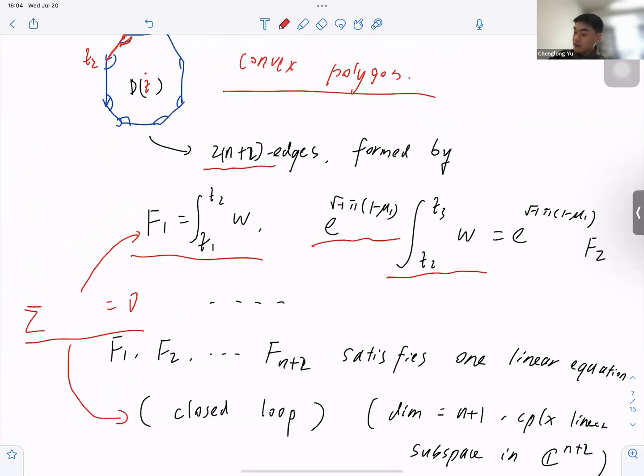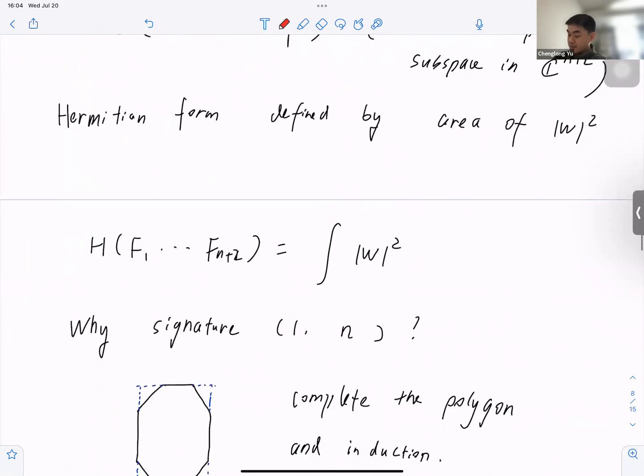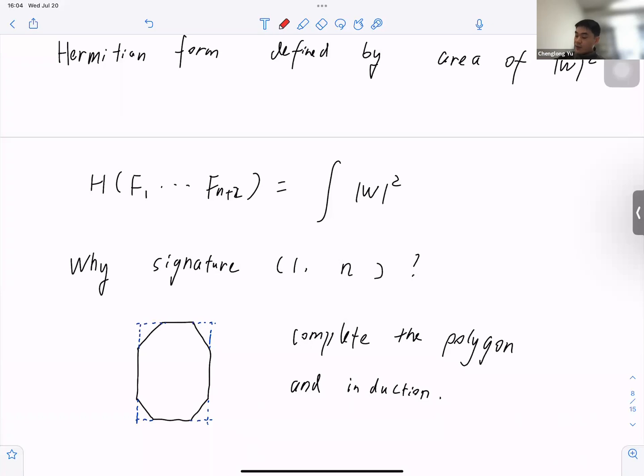This convex polygon will have parameters like these edges, and the area will be a function of the edges. And as for why this has signature (1, n), we can complete this complex polygon. For example, for this 8-gon, we can always complete to a 4-gon.